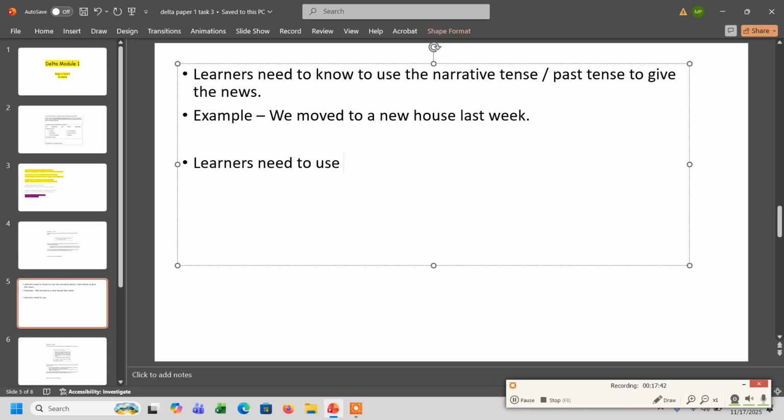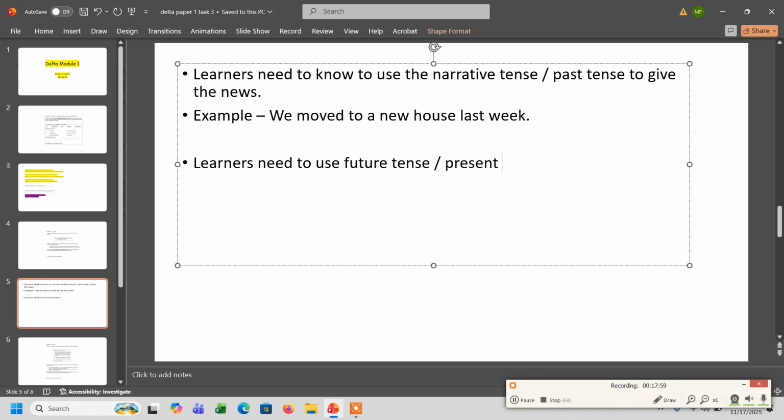Know is also okay. Need to use like future tense, or maybe like this is the exact one, right?